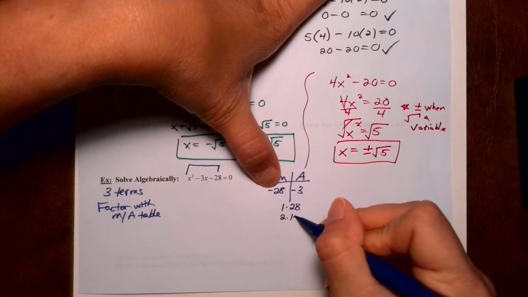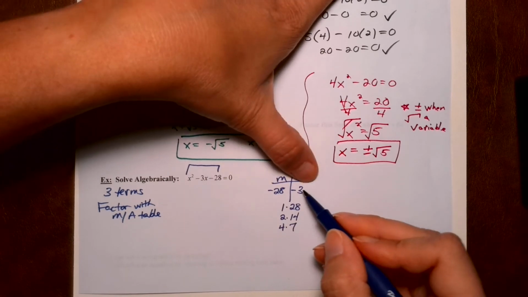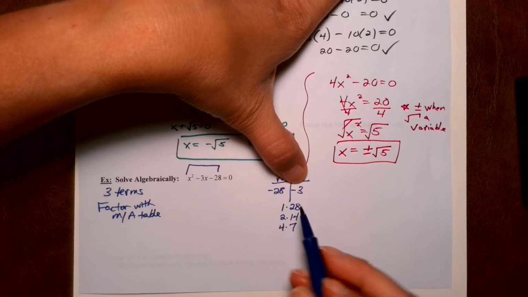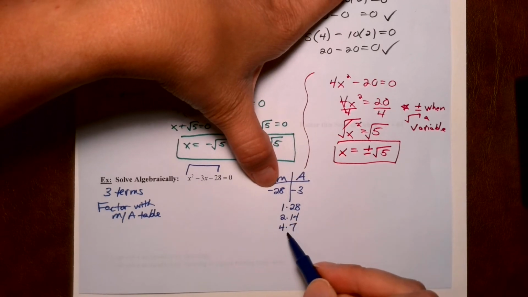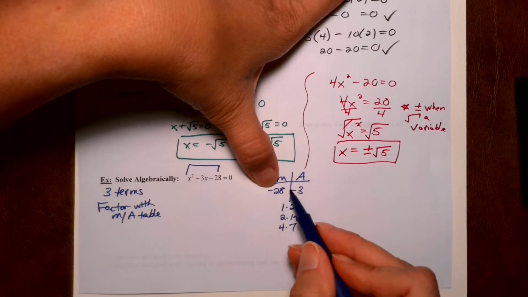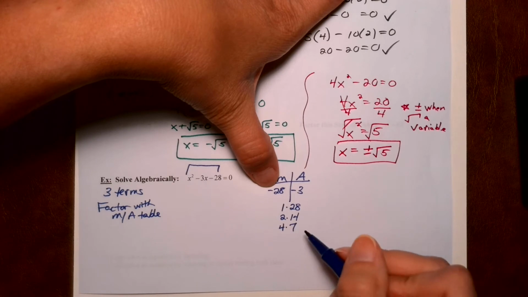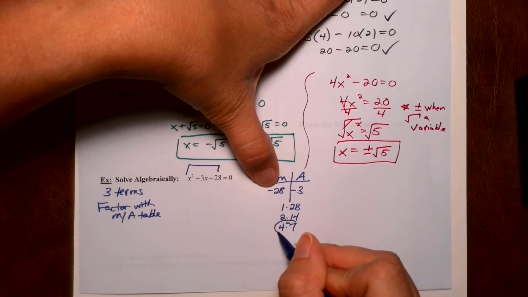Is it 2 times 14? Is it 4 times 7? Yes, it's 4 times 7 to make a 3 by subtracting. Now let's think about the negatives. One of them needs to be negative to multiply to a negative, but when they add together, they have to make negative 3. And I'm going to put the negative on the 7. Okay, I found the numbers.